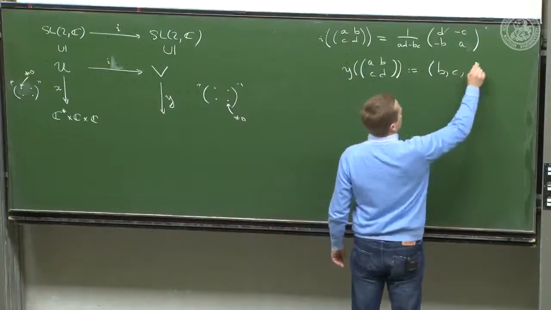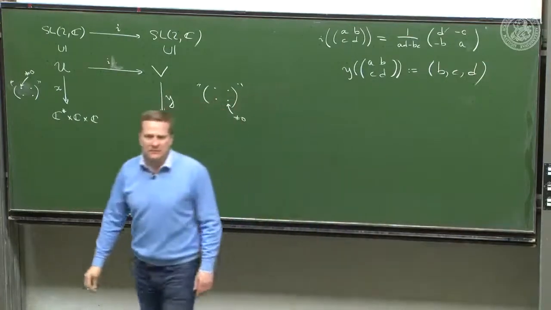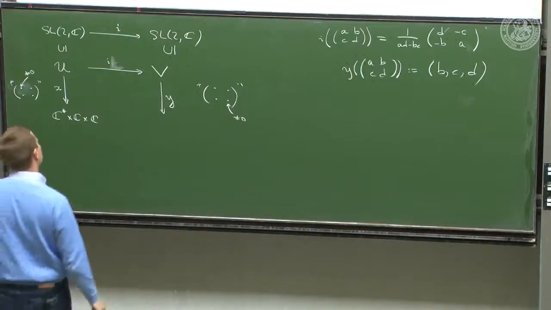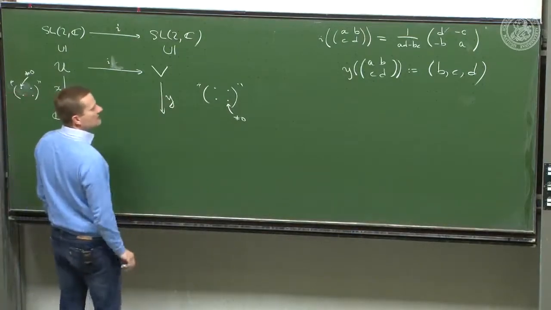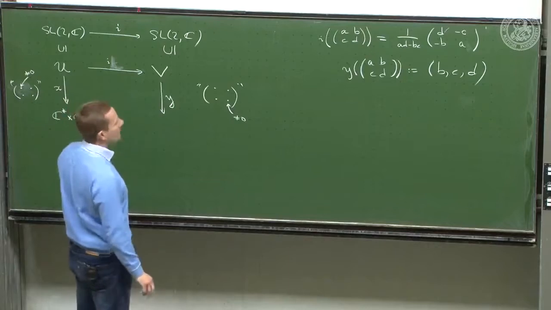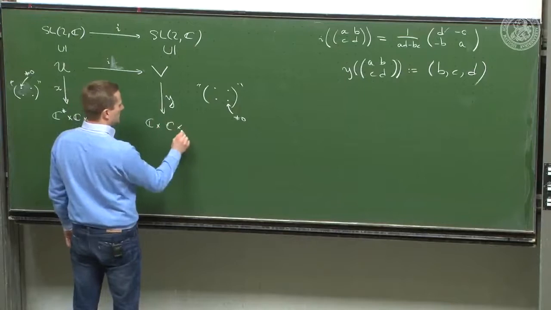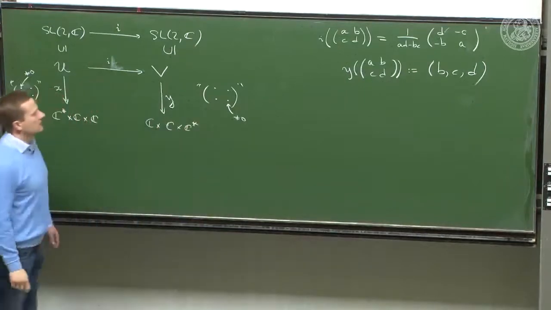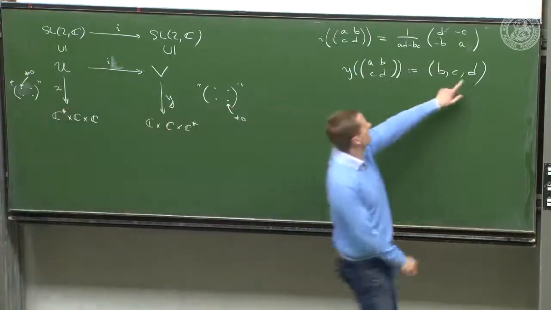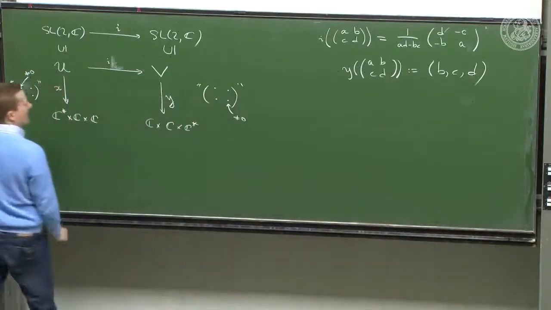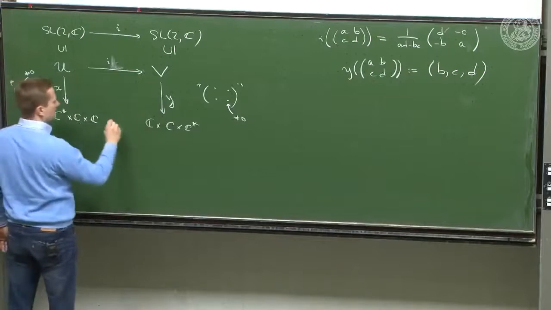So I think that must have been this map. Is that right? Can you quickly check your notes? That's what we did, no? Okay, so fine. So that means that guy goes into C, C, C star, because now it's the D here, the lower right, that is non-zero, so that goes to here. So chart here, chart here.